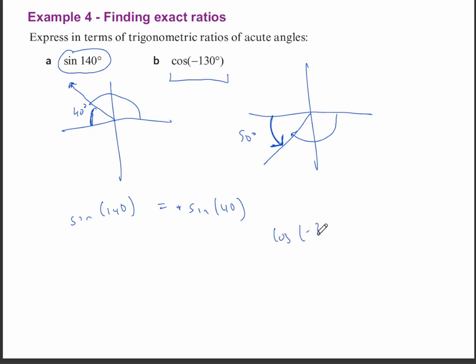And then the sign, meaning the positive or negative, because it's in the third quadrant which has only tan as positive, that means cos is going to be negative in that quadrant. That means the total value of cos of negative 130 is negative cos of 50. Negative because it's in the third quadrant, and cos of 50 because the reference angle is 50.